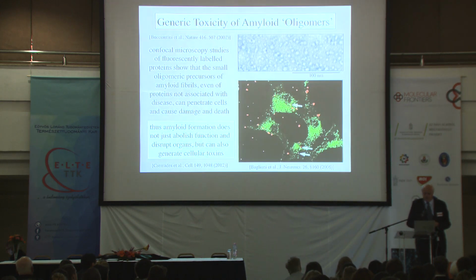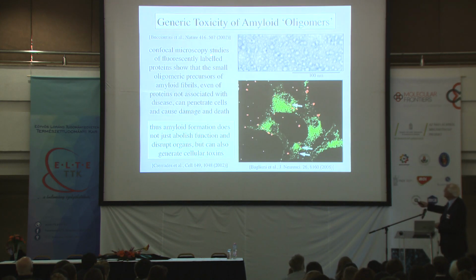But even worse things happen, because we realized when we looked at these early intermediates, these precursors, often called oligomers, which you can see in the electron microscope, which form and then develop into fibrils, they're misfolded, they've got the wrong residues, if you like, for that protein on the sequence. They're very sticky.